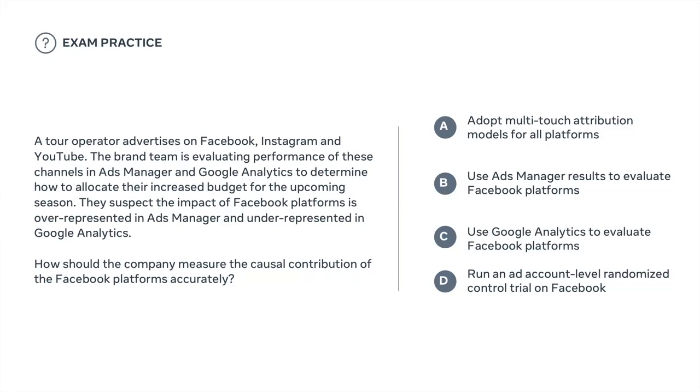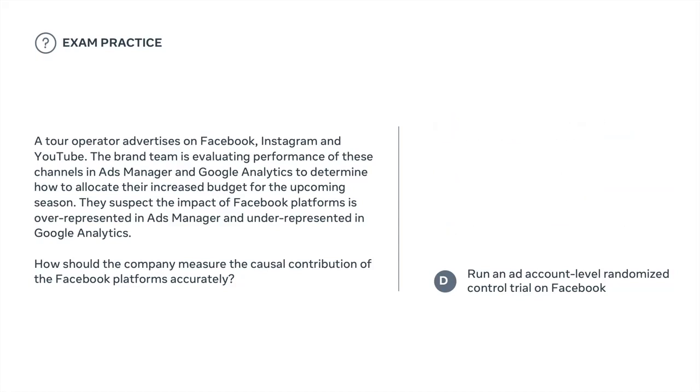D, run an ad account level randomized control trial on Facebook. The correct answer is D. Run an ad account level randomized control trial on Facebook. Google Analytics can only show you correlated measures, whereas a randomized control trial can show you causal impact.